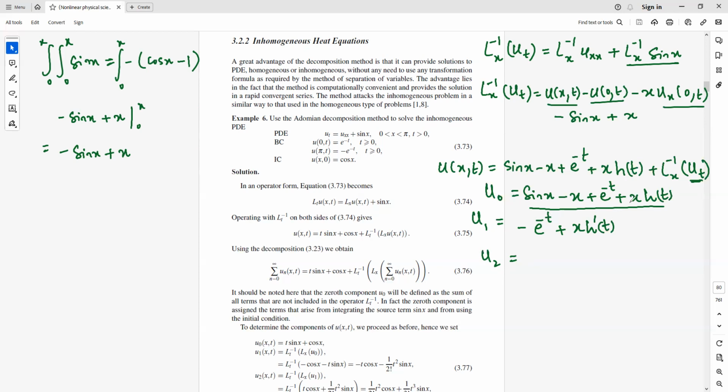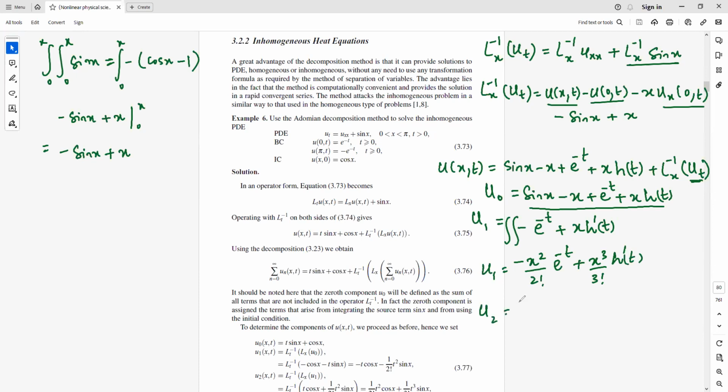We differentiated this with respect to t, but Lx inverse is applied, so we need to integrate it also. We need to integrate it twice, so we get negative x squared over 2 factorial e to the power negative t plus x cubed over 3 factorial h prime(t). So this is u1.